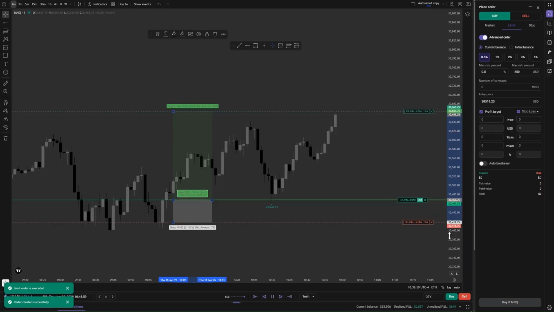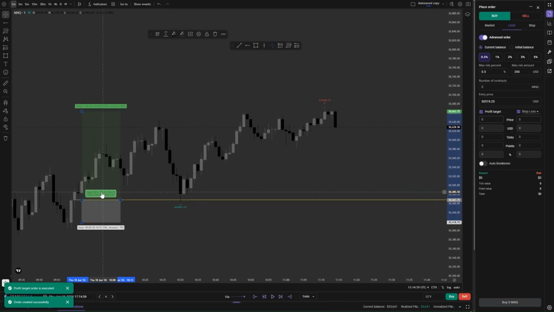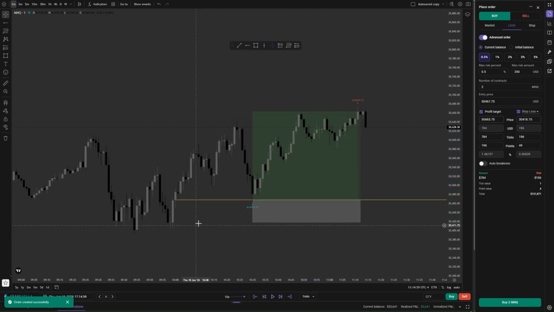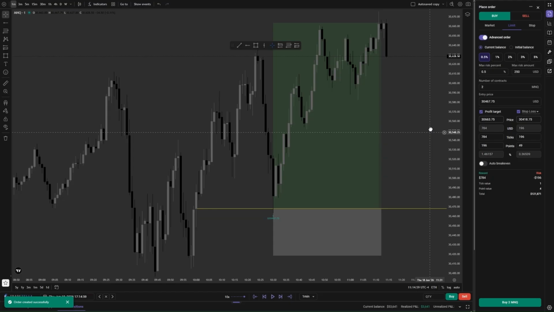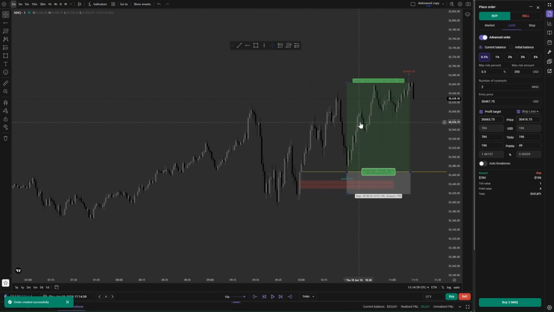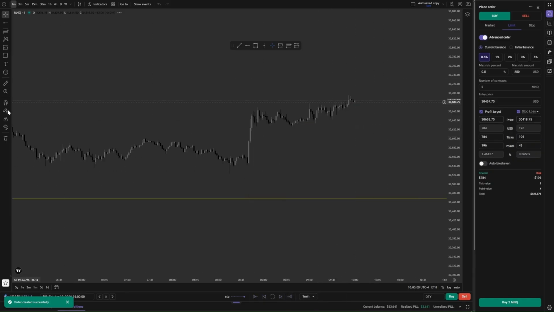Let's see. Oh, got it. There, finally. You can see that it worked. I did have my stop loss that big because of this right here. Price would likely sweep it. But I did my static hold 1 to 4, and you can see that this worked pretty good.